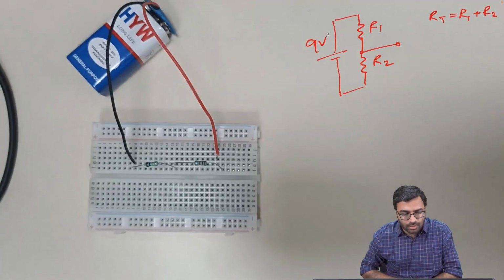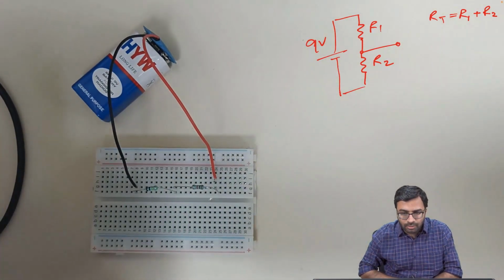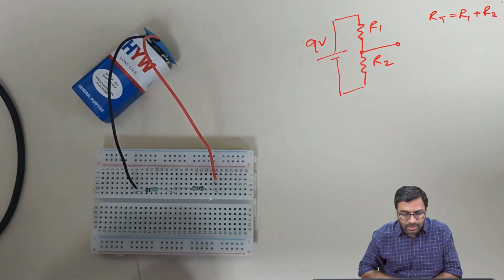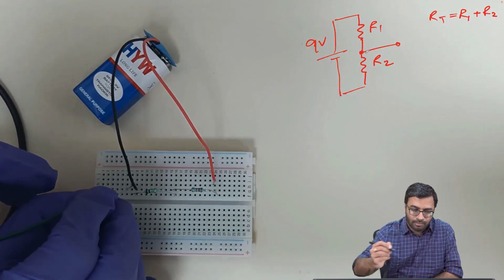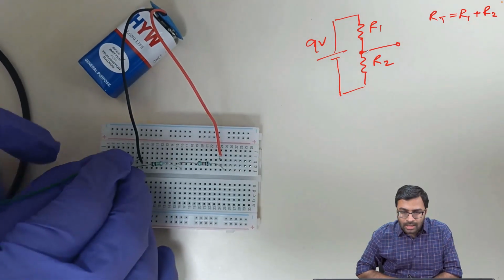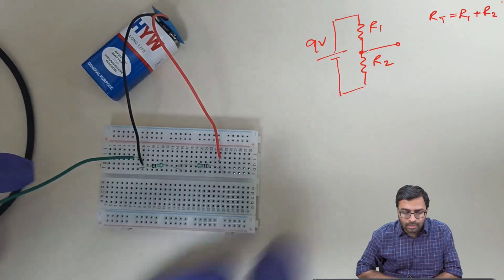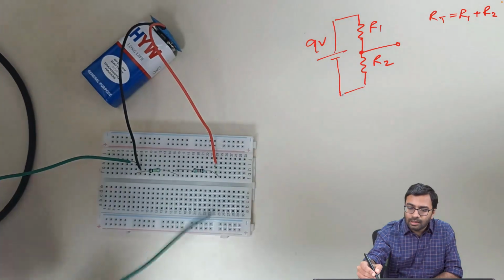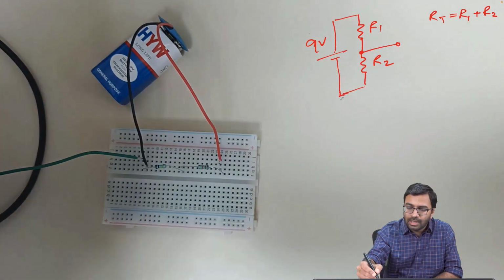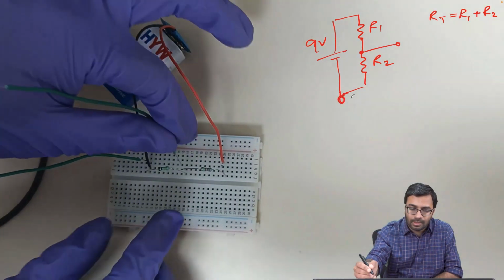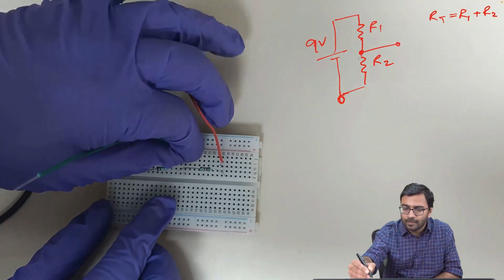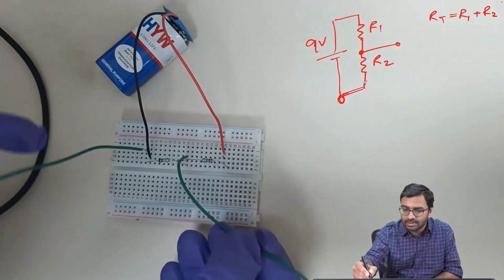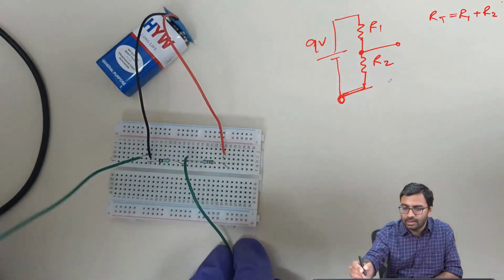So once you have the battery connected with both the resistors, what we are doing is we are taking one output from this point. Okay. And at the same time, currently we are connecting one wire here and one wire here. So this is connected in here.